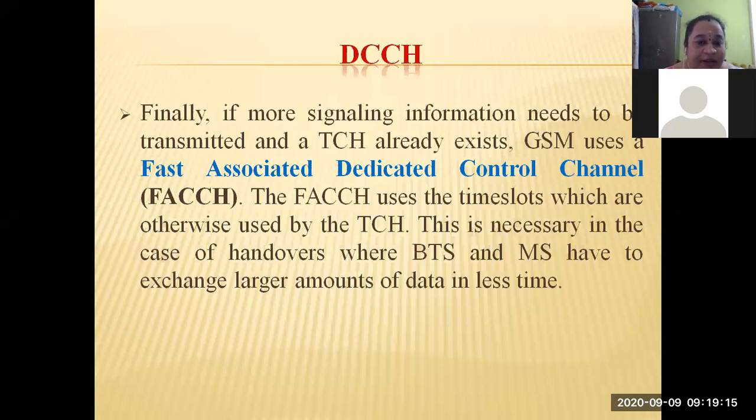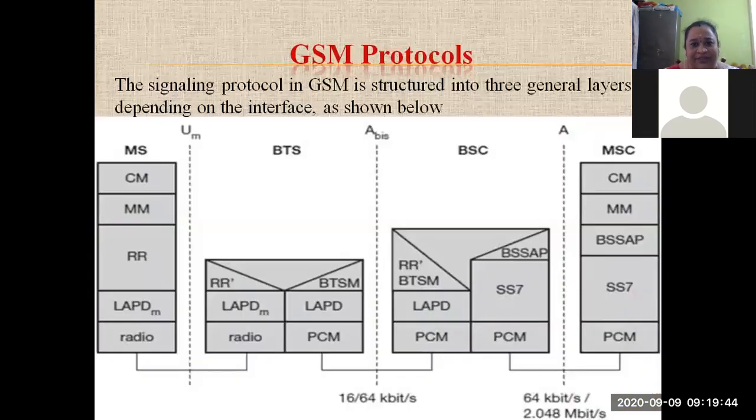Because in the corresponding traffic channels, whatever time slots remain unused are all provided as the fast associated control channels, which are used for signaling the information between the TCH, the mobile stations and the BTS. It can also transfer a large amount of data between those stations, and can also provide the handover between the networks, right?